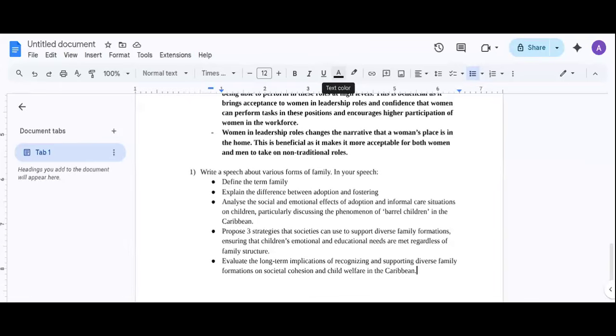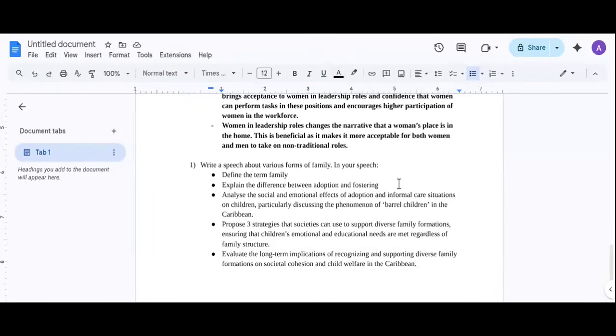Today I am going to be presenting a speech, or today we'll be discussing family formations. We look at adoption and fostering, and we will look at supporting diverse family formations in the Caribbean.